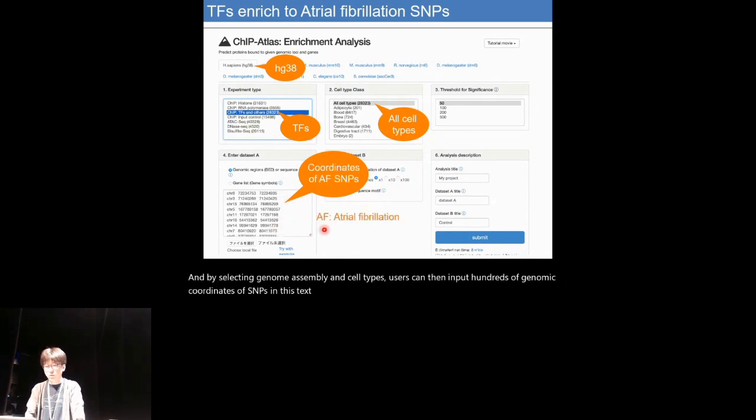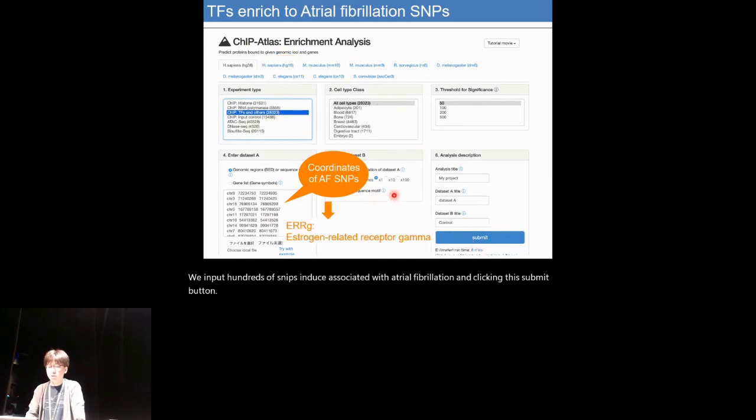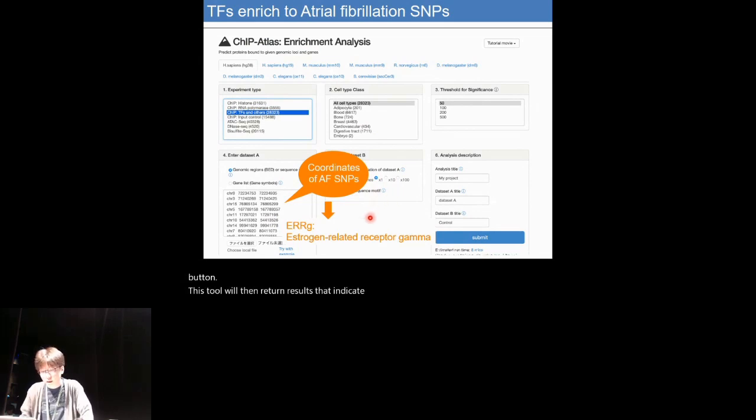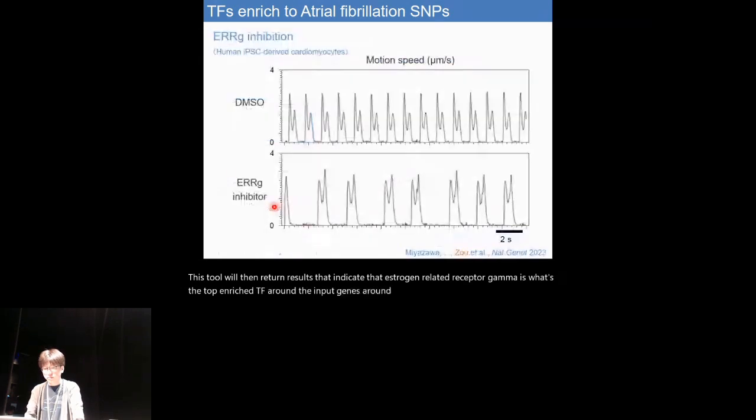As an example, we input hundreds of SNPs associated with atrial fibrillation, and clicking this submit button, this tool will then return results that indicate that estrogen-related receptor gamma was the top enriched TF around the input SNPs.